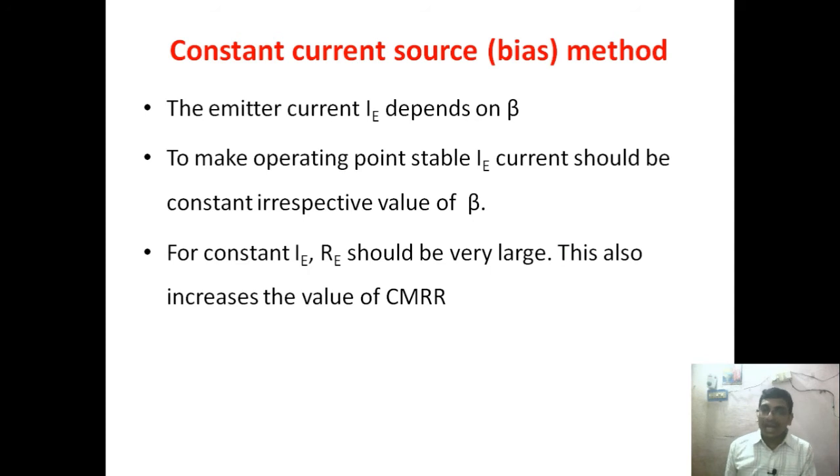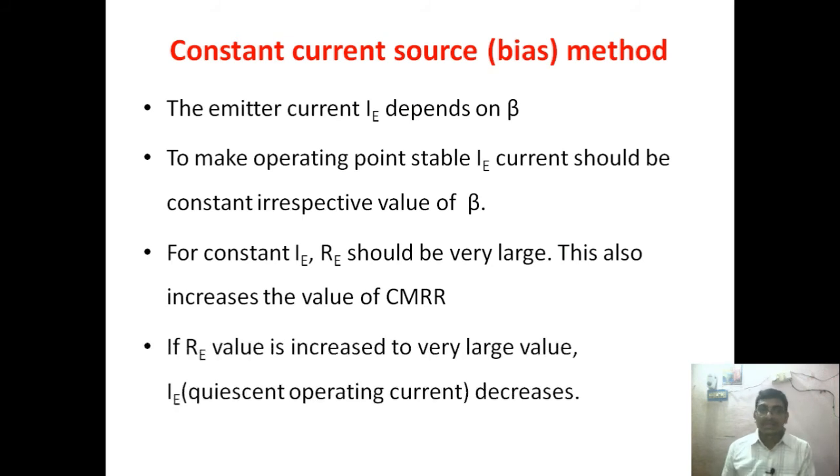As the value of RE increases, IE is constant, and this also improves the common mode rejection ratio. But if we increase the value of RE to very large, we have some disadvantages: the IE current will decrease. If IE decreases, the Q point of our differential amplifier, IE being nothing but our ICQ, will decrease.